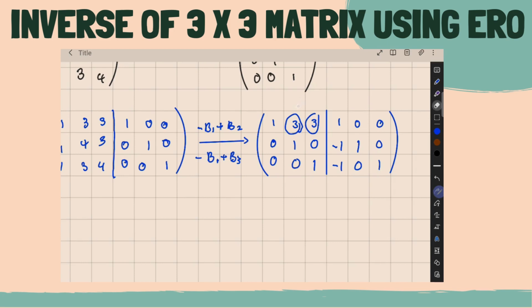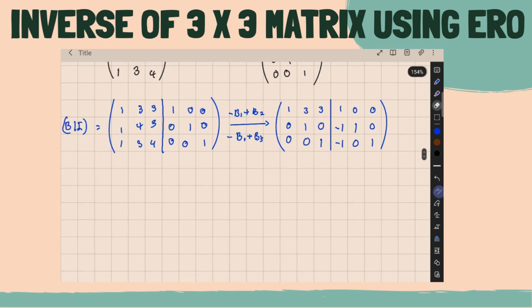So we can use this 1 to eliminate this 3 in the first row. What you can do is we can use negative 3 b2 plus b1.